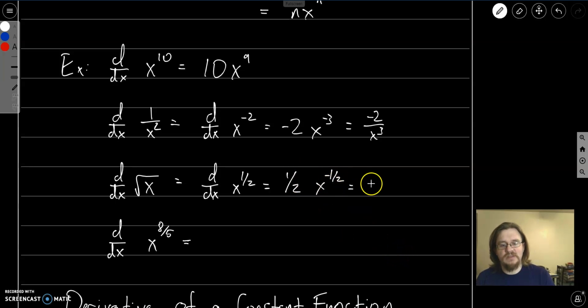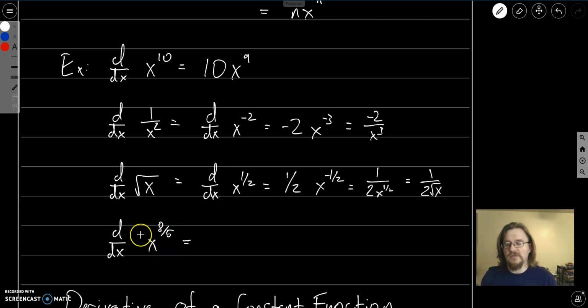So I can simplify this. This x to the negative 1/2 is going to end up on the bottom of the fraction. So this is going to be 1 over 2 times x to the 1/2, which I can again rewrite as 1 over 2 times the square root of x. All this is just rewriting x to the 1/2 as the square root of x.